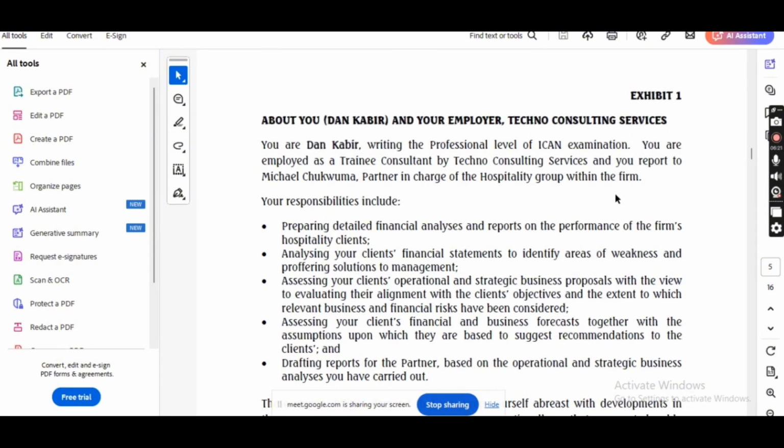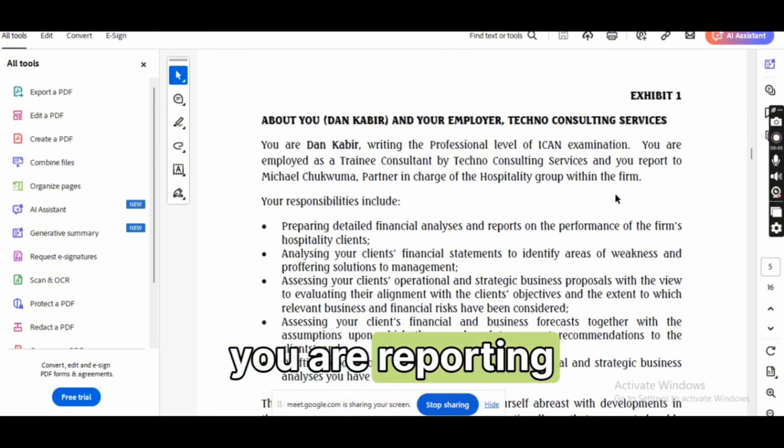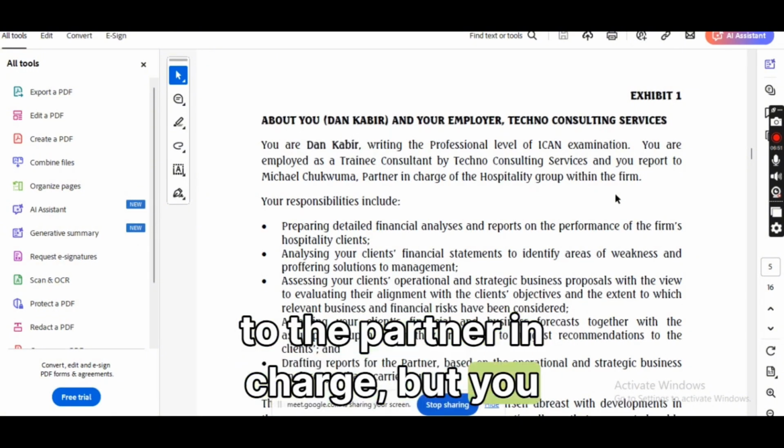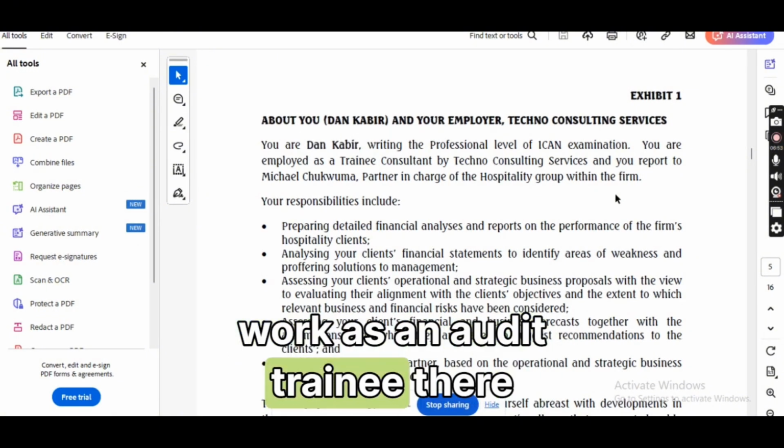I've been in an audit firm before now, and when it comes to proposal or analysis, you don't expect the partner to do all those kinds of work for you, right? As a trainee, you'll be the one to carry out these activities for your clients. You are reporting to the partner in charge, but you work as a trainee there.